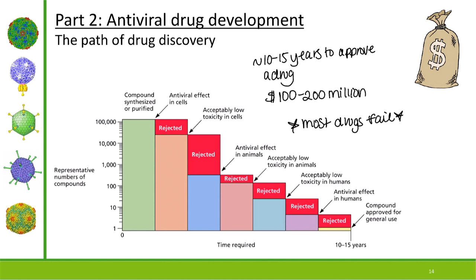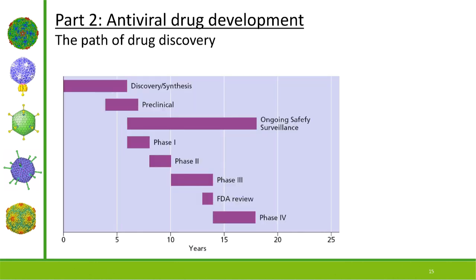And it turns out that one of the steps that majority of drugs fail in is actually failing in humans. So if it does great in animal models and then we try it out in humans, most of the trials will actually end there.